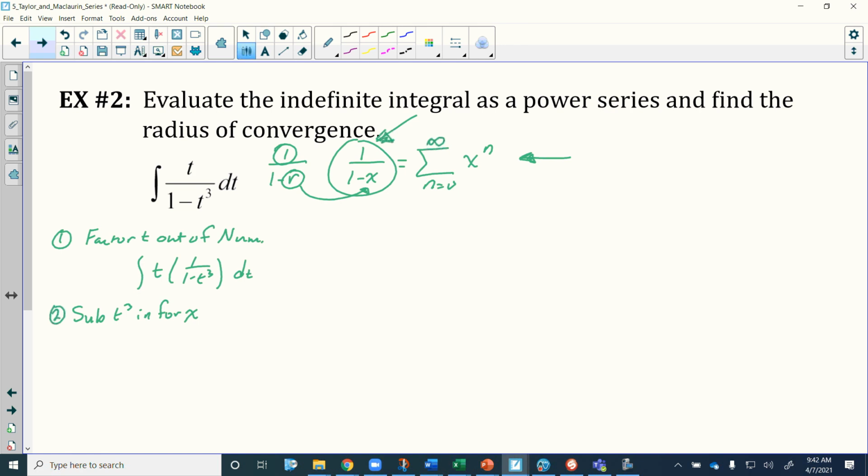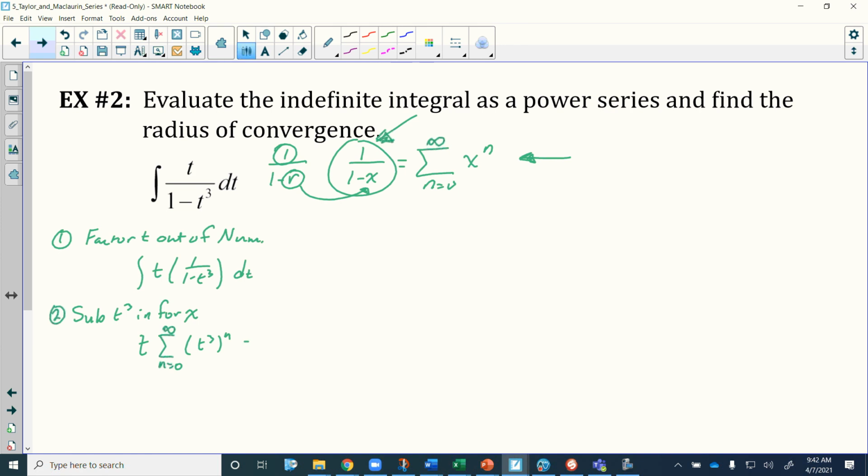Okay? And so here we're going to look at t as a constant. So I'm going to say t times the power series from n equals 0 to infinity. We're going to just substitute the t cubed in for x to the n power. So that becomes t cubed to the power of n.